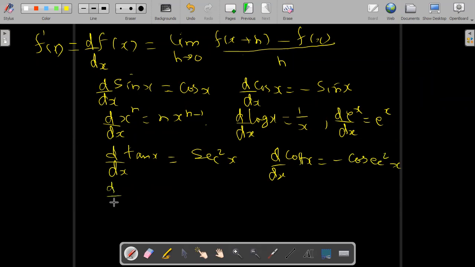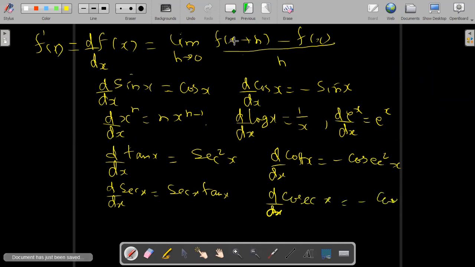Similarly, d by dx of sec x is equal to sec x tan x, and then the differential of cosec x will be minus cosec x cot x. So these are some standard formulas that you have done in class 11.